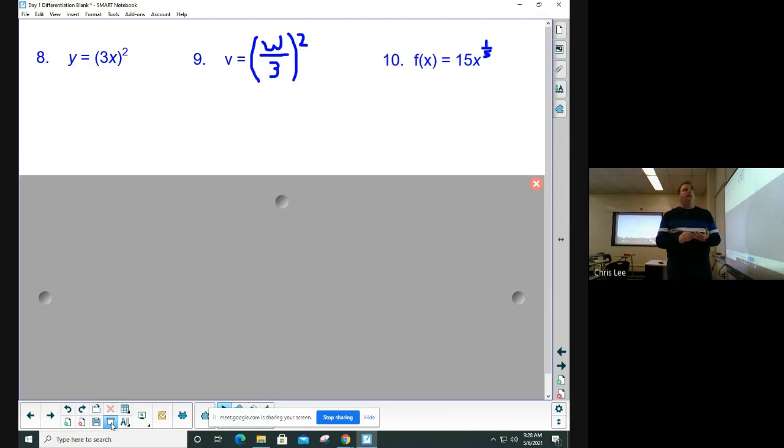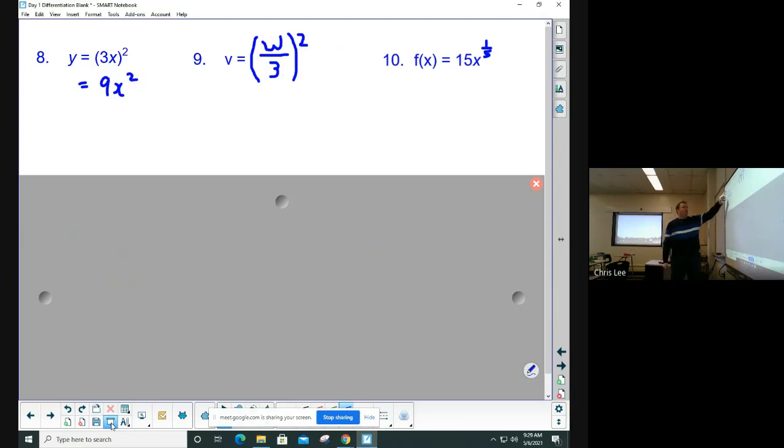Okay, so if you've got something that looks a little nasty, like some of these, we want it to be user-friendly before we differentiate. So looking at number 8, I've got y equals 3x all squared. Now, that means 3x times 3x. So before I differentiate, I'm going to say that this is actually 9x squared.